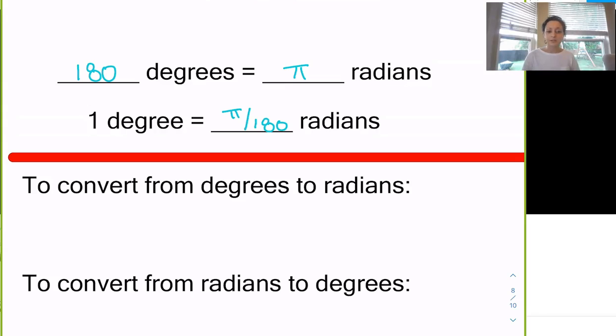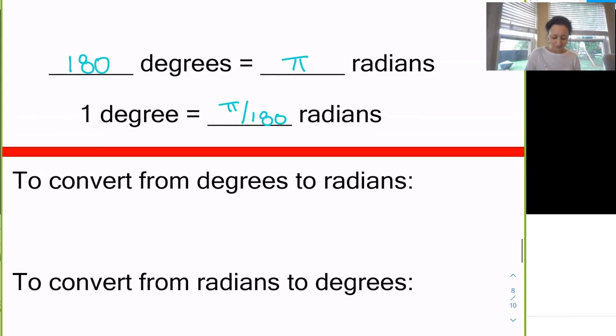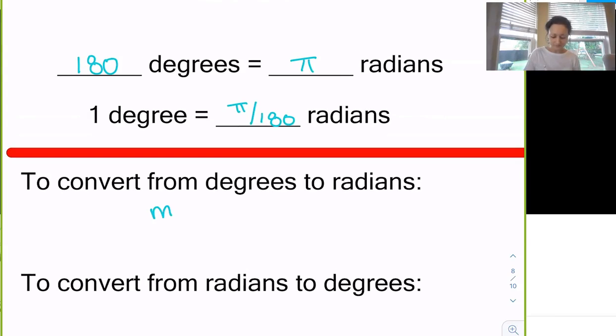All right, so let's do this. Can you pause your screen and copy mine? Okay, so if I want to convert from degrees to radians, I'm going to multiply by pi over 180, right?